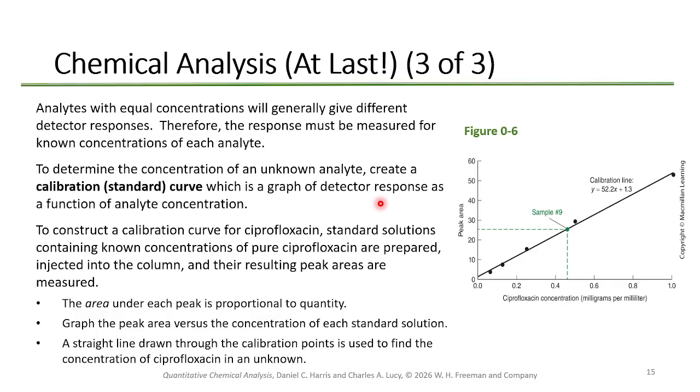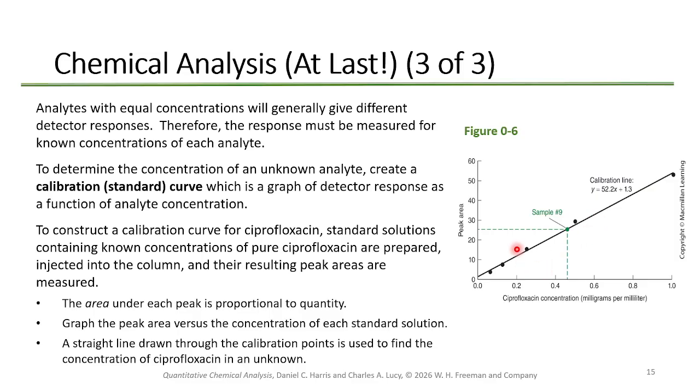So to determine the concentration of an unknown analyte, you're going to create what's called a calibration curve, or you sometimes hear it as standard curve. Okay, i.e. a curve using known standards. This is actually a graph. You'll graph the detector response as a function of the analyte concentration typically. And these will be your known standards that you'll graph first. These are what you fit with a calculation typically.